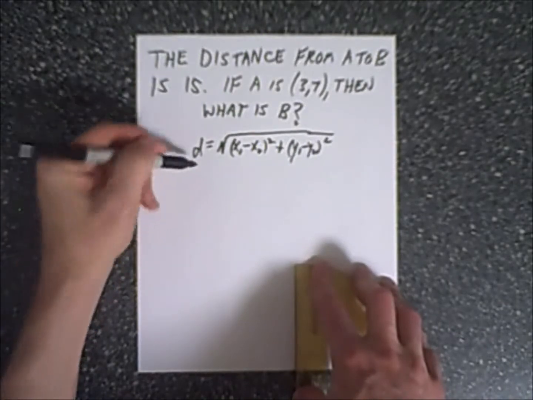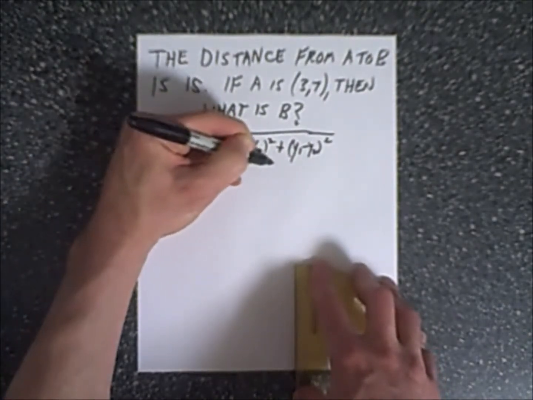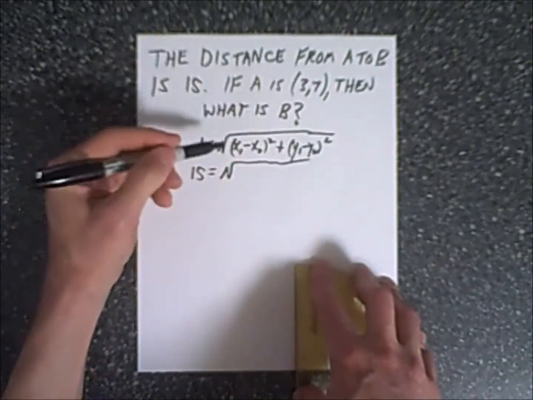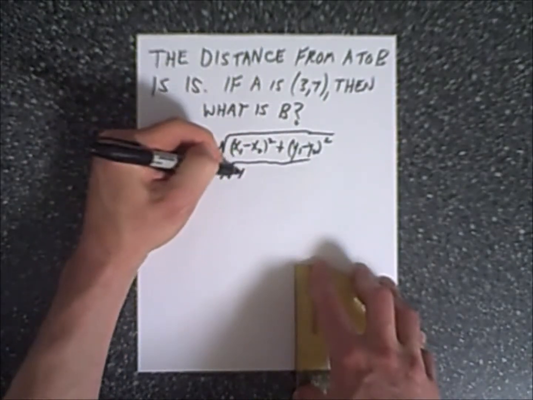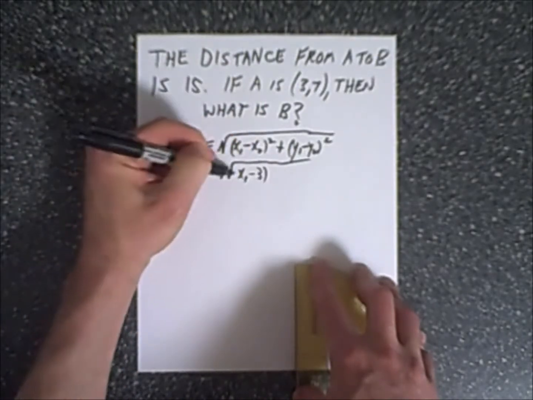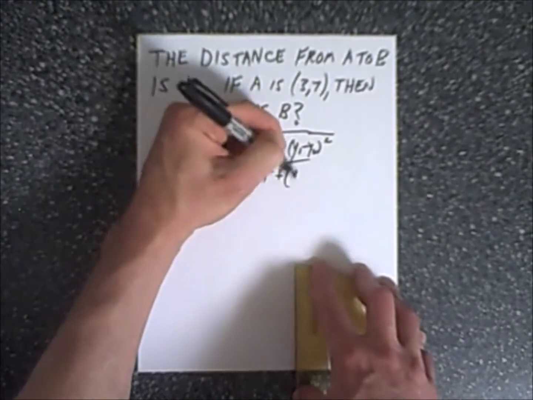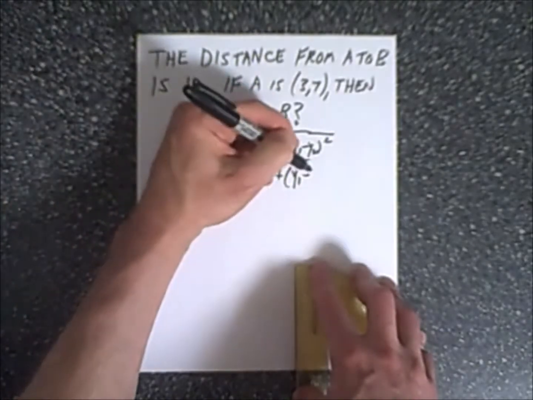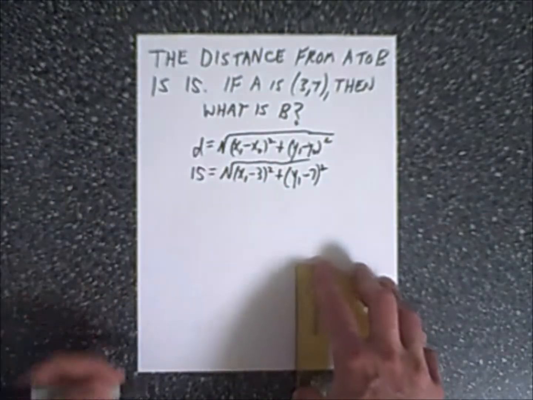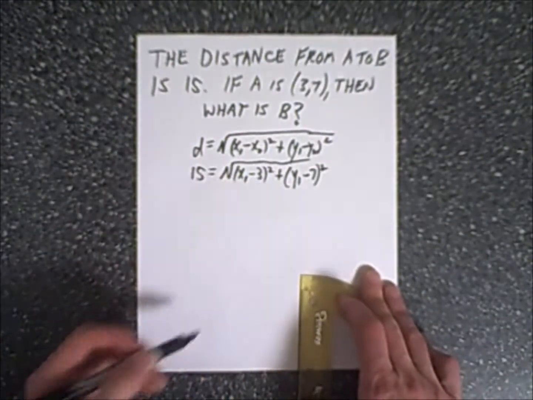The distance is 15, so 15 equals the square root. And x sub 1 is what we're looking for, and x sub 2 is 3, what we're given, and y sub 1 is what we're looking for, and y sub 2 is what we're given, and we have our basic equation filled in.